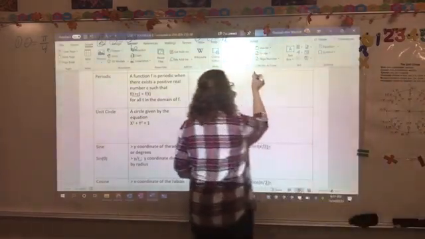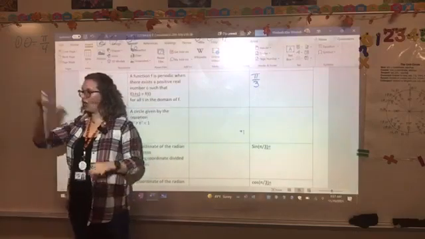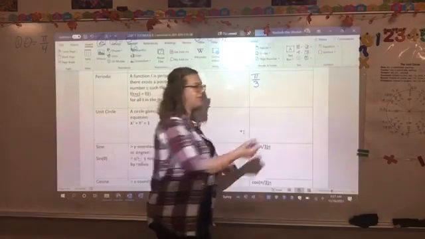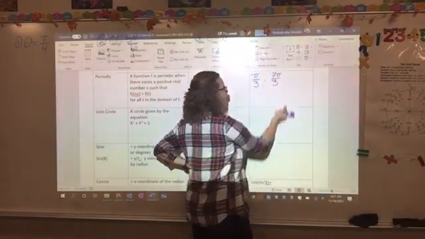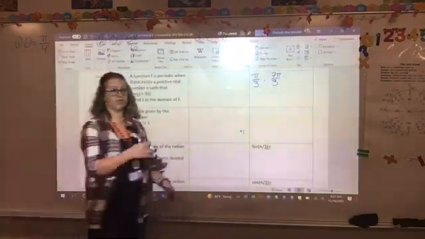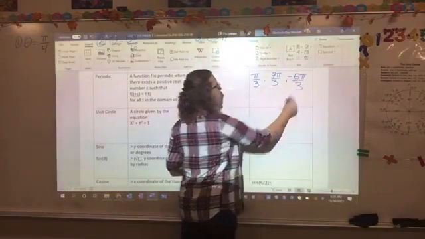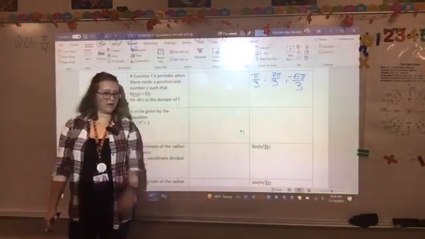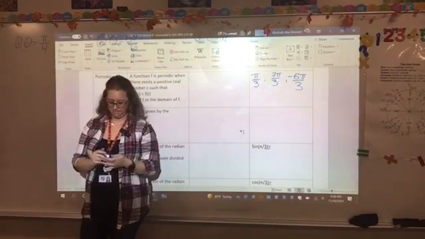If I have pi thirds and I go around one more circle, I'm still at the coterminal pi thirds, just at the coterminal 7 pi thirds. Or if I go around in the negative direction, I'm at negative 5 pi thirds. That's what it means to be periodic. You can keep going and going and end and start at the same spot.